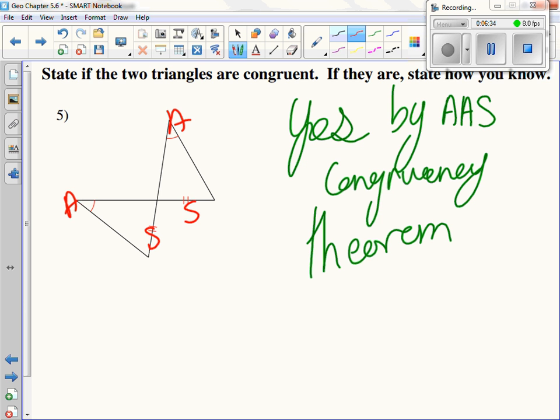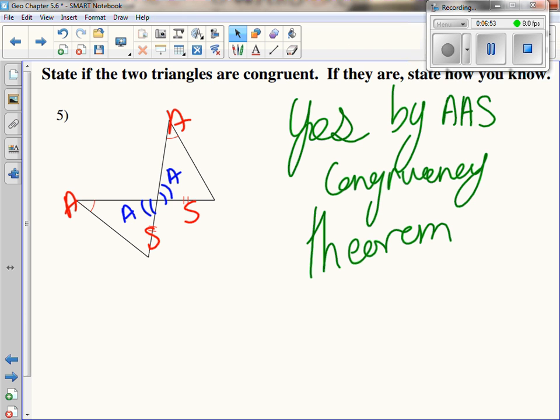We were given these sides. But it also works out that these angles here are vertical angles. And because they're vertical angles, those angles are congruent. Any questions on these here? We good with these here? Yes?